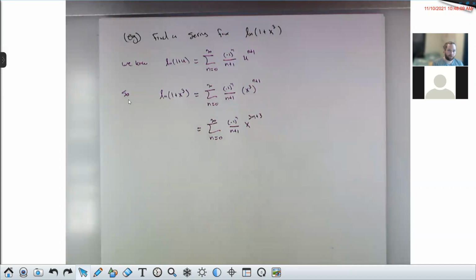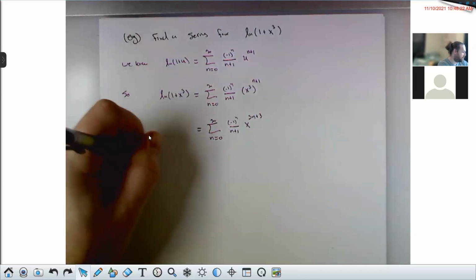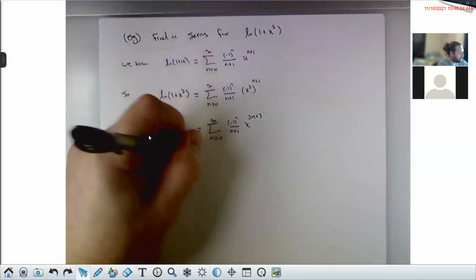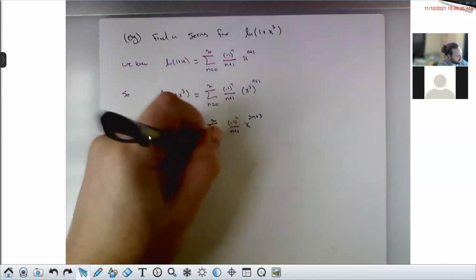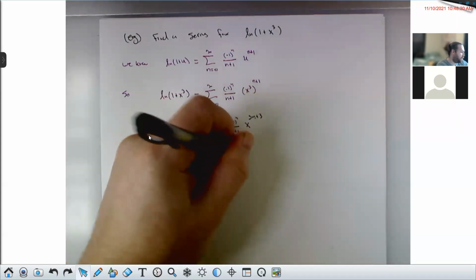This is also useful for doing integrals, stuff like that. So there are a few problems towards the end of section 11.9 that ask you to do something like integrate the inverse tangent of x over x dx.